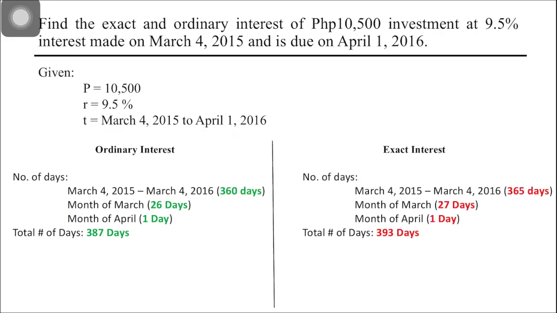So, atong pangitaon ang number of days sa exact interest. From March 4, 2015 to March 4, 2016, so that's 1 year. So, pila man ka days in 1 year sa exact interest. So, there are 365 days. So, taman pa na March 4, 2016.